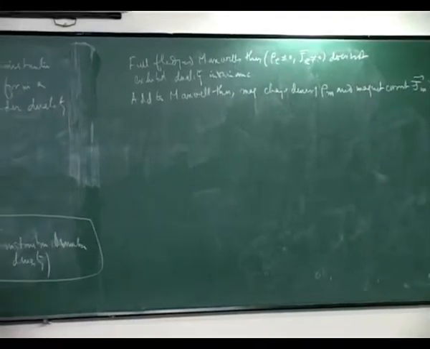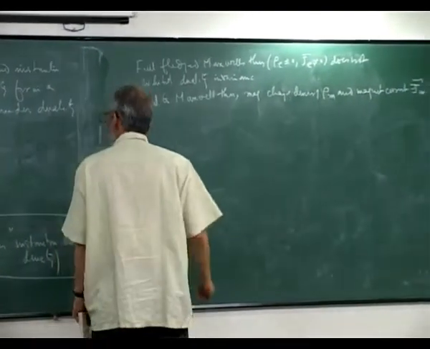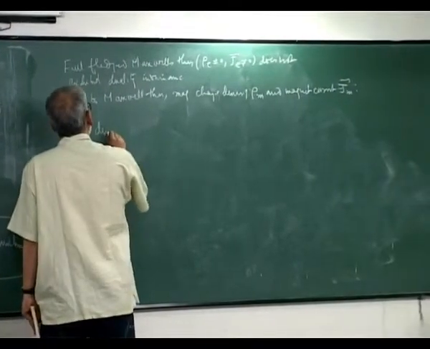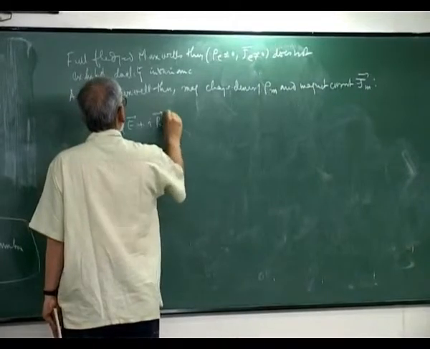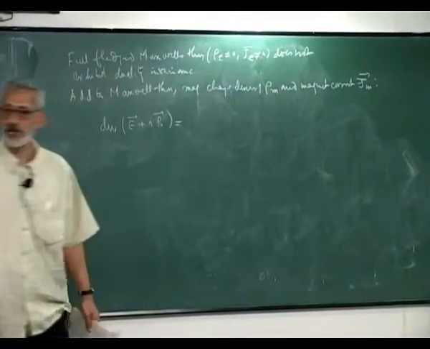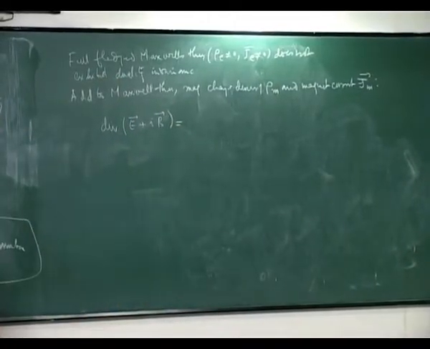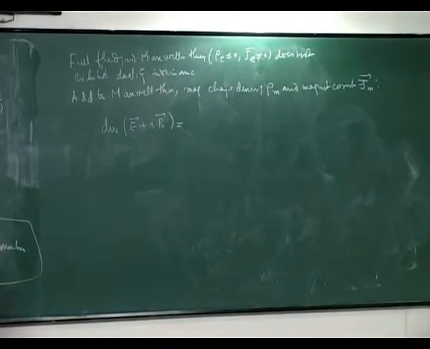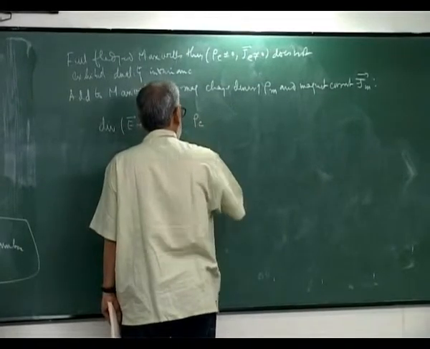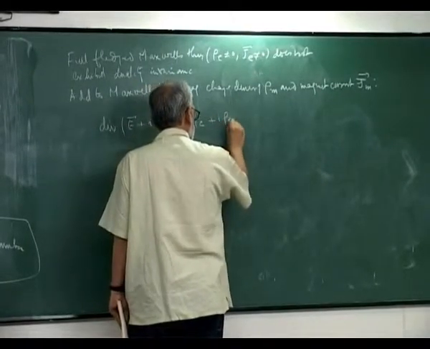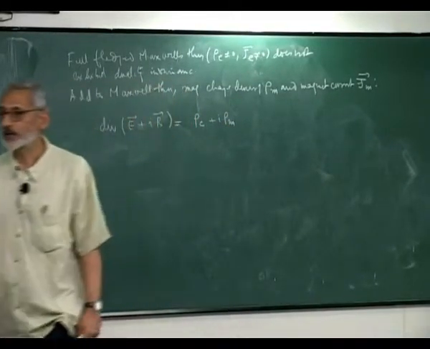I rubbed off those things earlier, but from your notes you will see: pure electromagnetism, divergence of E plus iB was 0. And now let me put electrical charge density plus magnetic charge density.